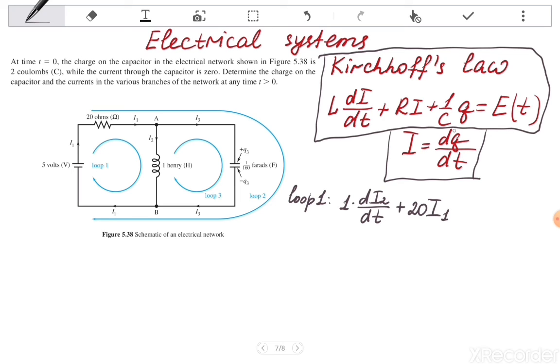We don't have a capacitor here, so this part is 0, and the electrical source gives us 5 volts, so 5 on the right.